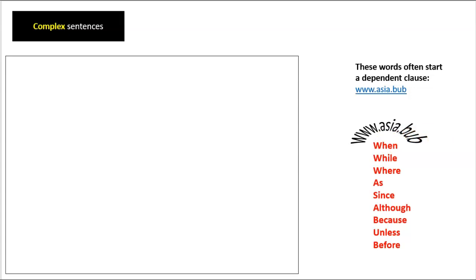I just do that because it's easy for me to remember: when, while, where, as, since, if, although, because, unless, before. Yes, there are other words that act as adverbial conjunctions. It doesn't matter if you know what the word means. It just depends on whether you can use them or not.